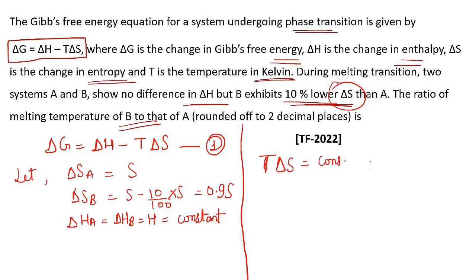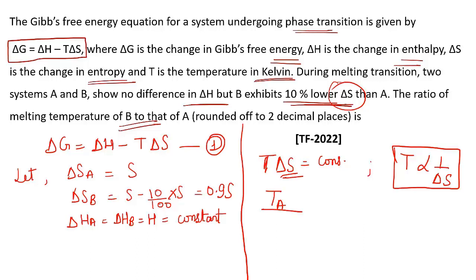Then T is inversely proportional to delta S. That means T is the melting temperature and delta S is the change in entropy. T A upon T B is equal to delta S of B upon delta S of A, since it is inversely proportional.